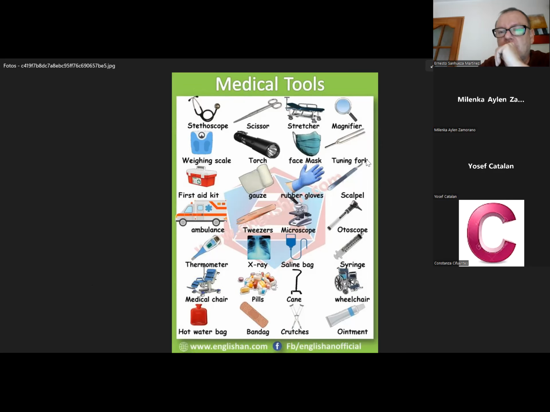Constanza, scalpel. Scalpel. For cut. We use a scalpel to cut.